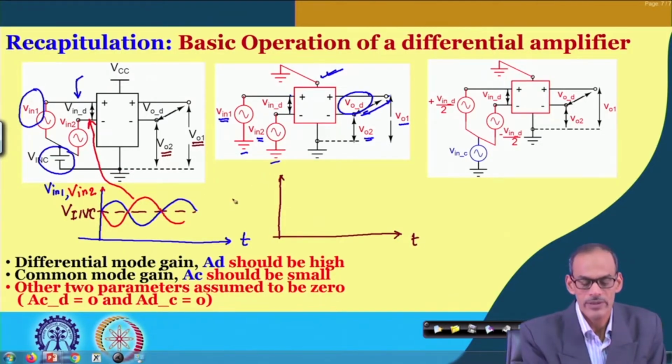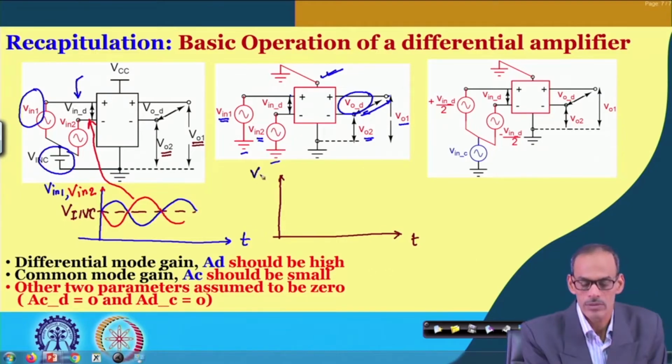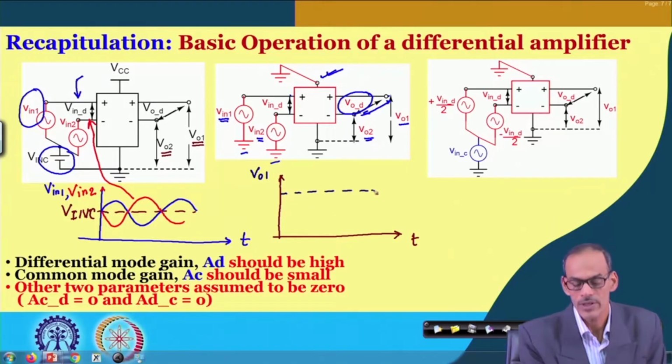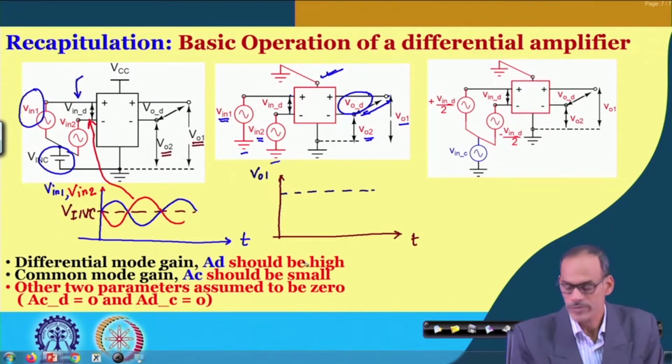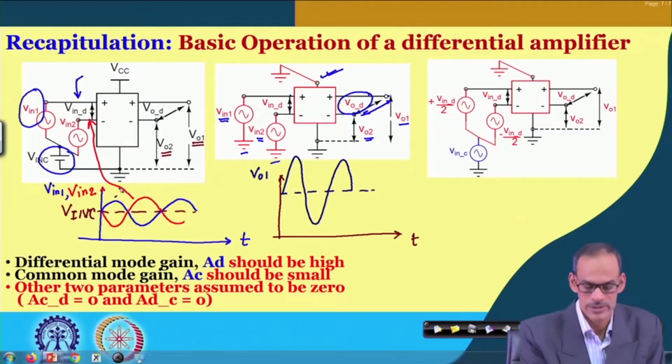We are expecting that V O 1 will have its DC voltage level, and on top of that it will have the corresponding signal, an amplified version of whatever signal we are applying.